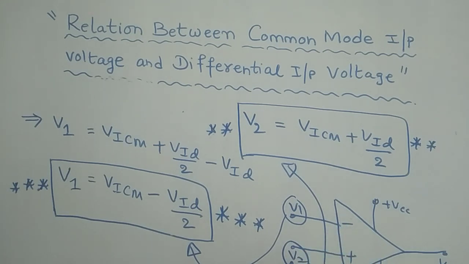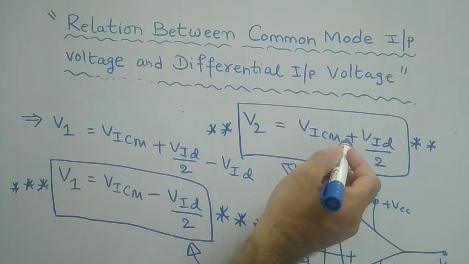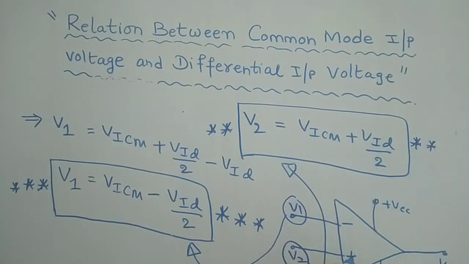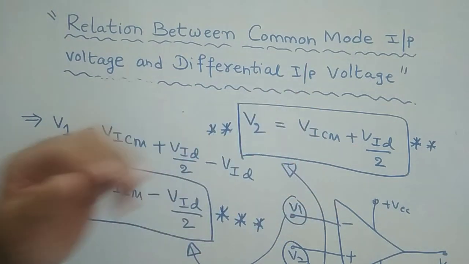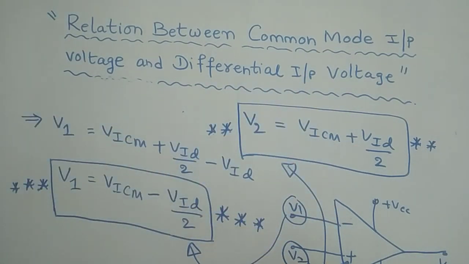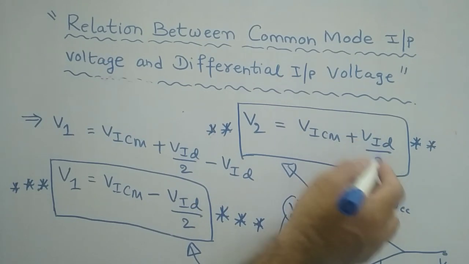Similarly, V2 is applied to the positive terminal. So in the expression for V2, it is VICM plus, because here plus is there. It is the same exact equation as V1, but instead of minus you get plus. Therefore, the common mode input voltage plus the differential voltage by 2.